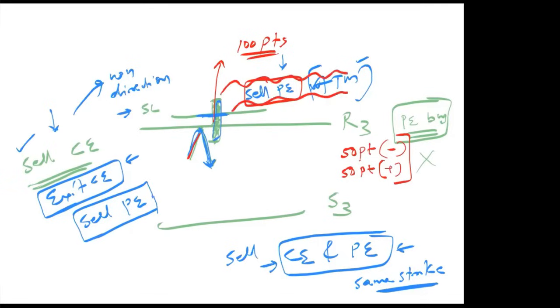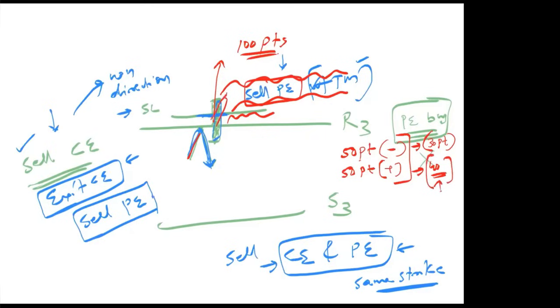And if they spend some time here, the call may not move 50 points, instead it may move 30 points only. But the put decay will be very fast as it is staying above this, and the put can give you some 40 or 50 points. In this way, you will be making a profit also in this trade.